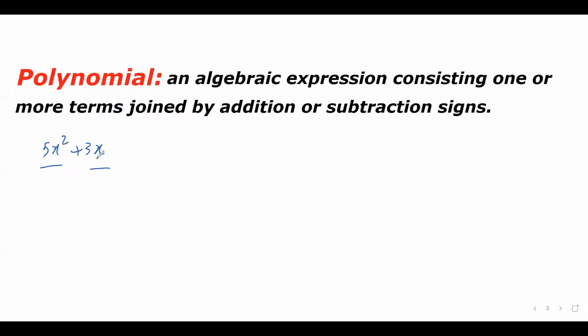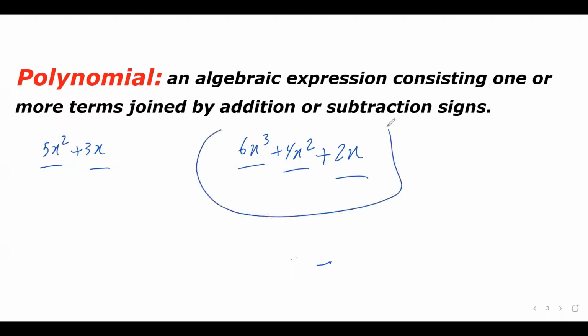This polynomial has two terms. Or let's say this one, 6x cubed plus 4x squared plus 2x. This is another polynomial. This polynomial has three terms, 1, 2, 3. So a polynomial is basically just one or more terms joined by addition or subtraction signs.